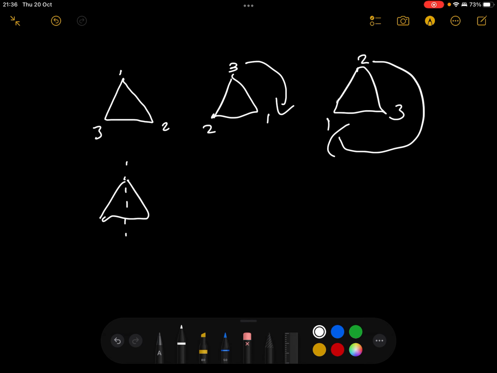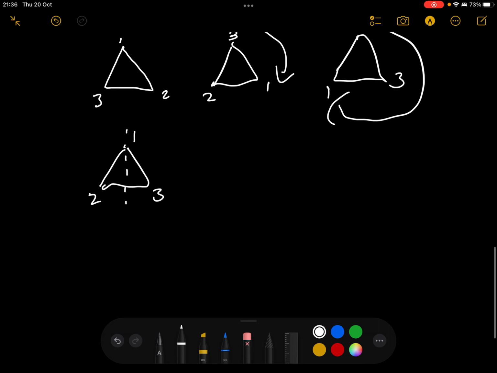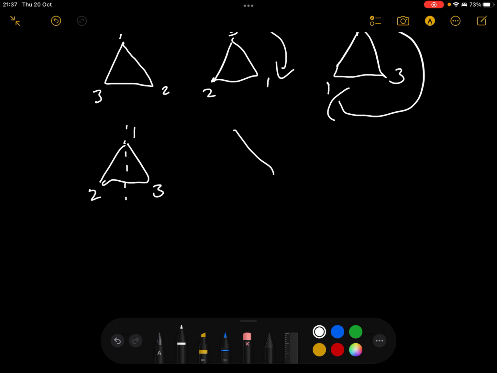And over here would be 1, 2, 3 this way. Over here we want to flip in a different direction. We'll flip it this way instead, so 1, 3, 2.